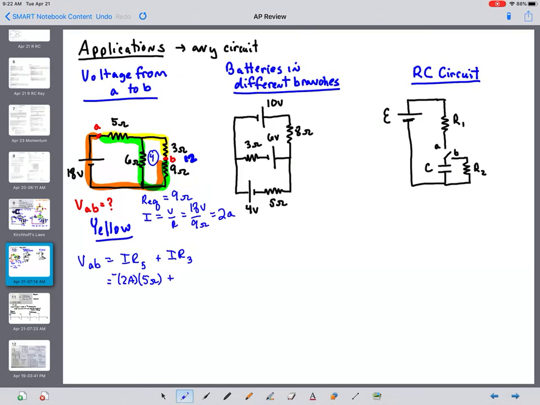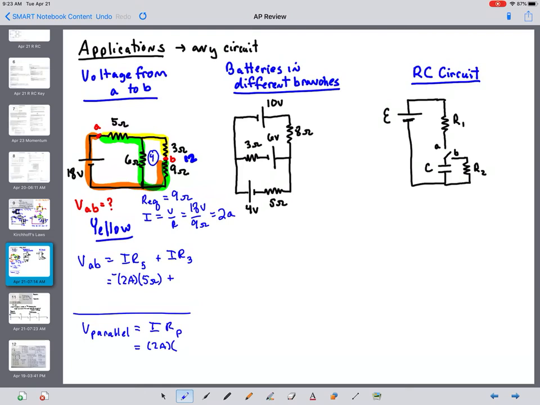Now, for the second one, IR3, well, we need to find out what current goes through resistor 3. So if we want to find the current there, I'm going to make a line there, give us some space. We need to find the volts across the parallel. To find the volts across the parallel, I can use I times R for the parallel.